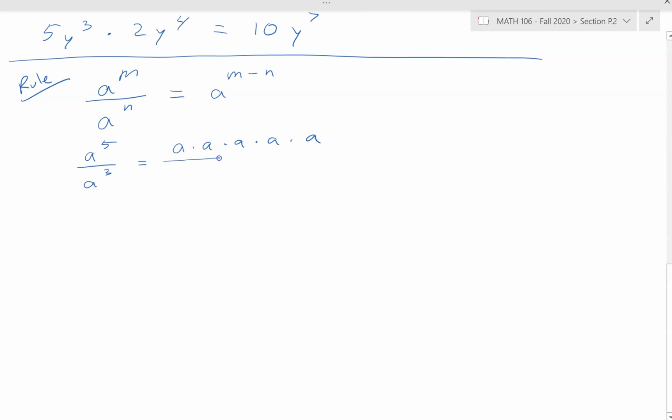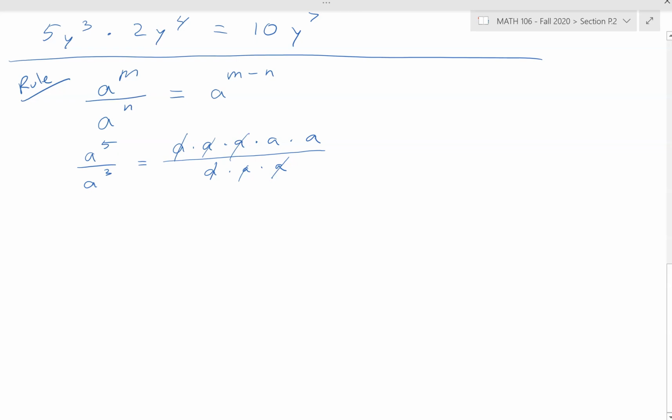And then a cubed is a times a times a. So what could you do when you have a term in the numerator and the same term in the denominator? Can't you cancel a pair of them out, right? So I could say, well, this a and this a are canceled. This one and this one, and then finally this one and this one.